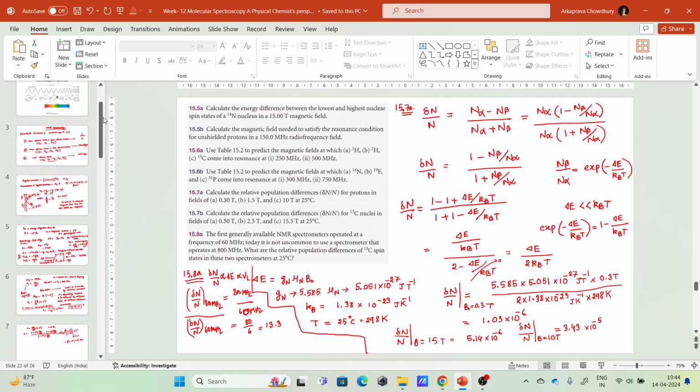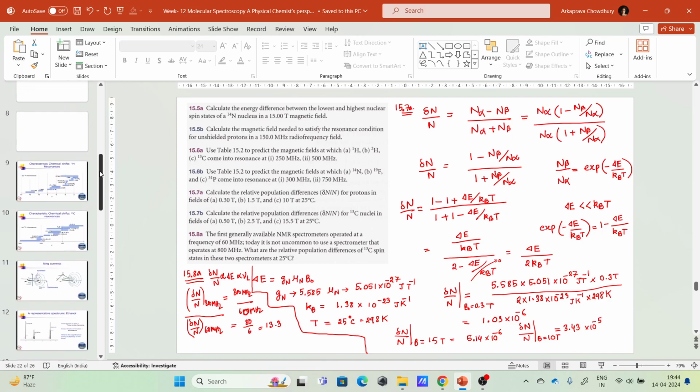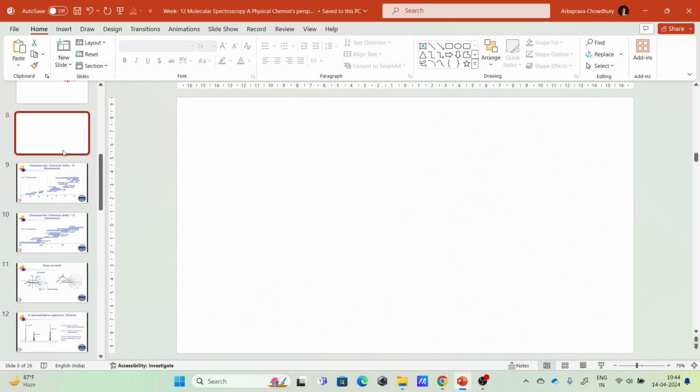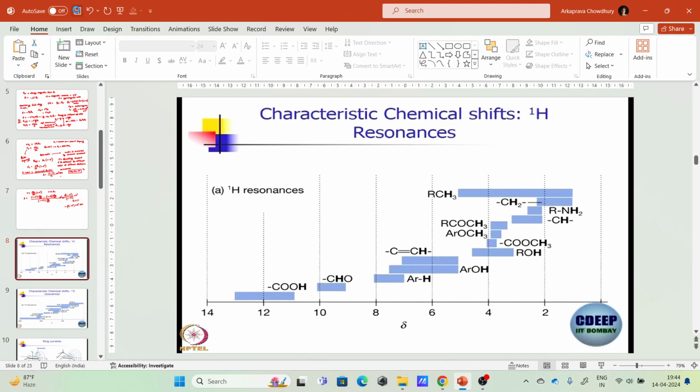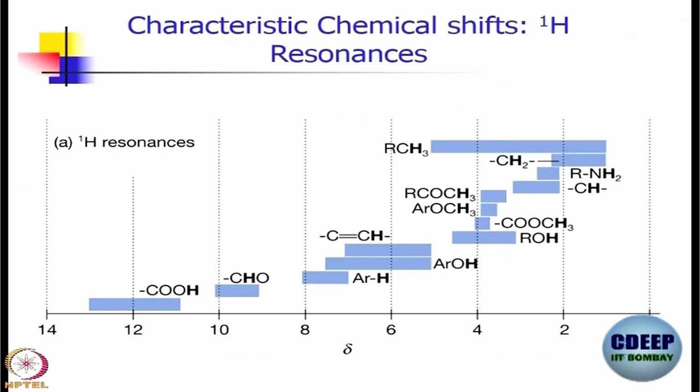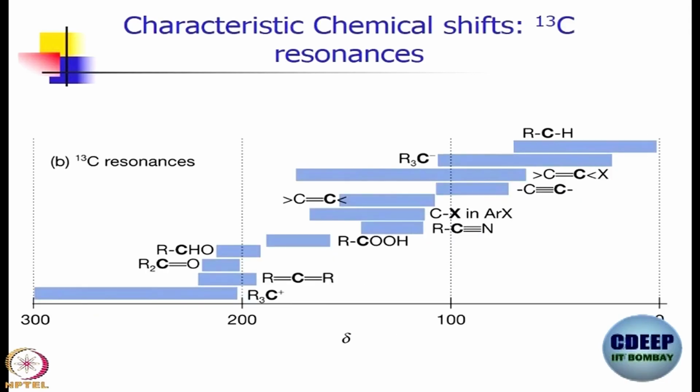Great. So we left it somewhere here, right? The characteristic chemical shift for the proton, where they resonate, and same for the carbon.